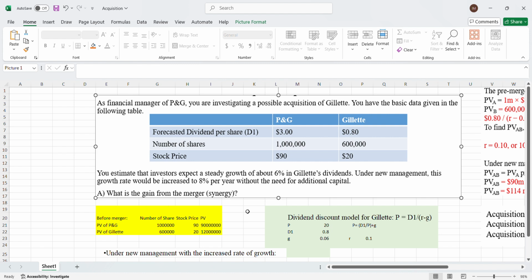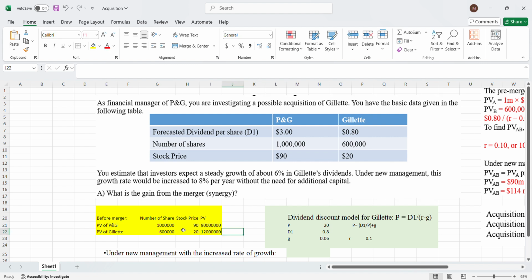So first things first, let's plug in the information we have in our question. The present value of P&G is the number of shares, 1 million, multiplied by the stock price, 90. So the present value of this company is 90 million.